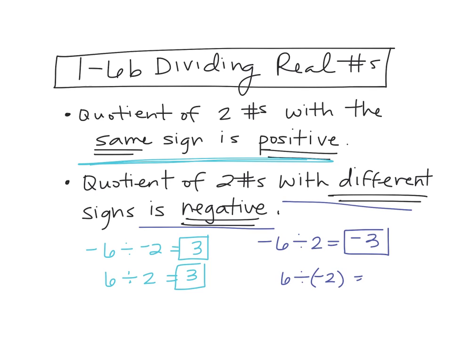That would be a -3, right? Because you have a negative and you have a positive. So when you have one of each, it's going to be negative. When they are the same, it's going to be positive. Questions on that? The negative can be over here or the negative can be here. If it's one positive and one negative, the answer will be negative.